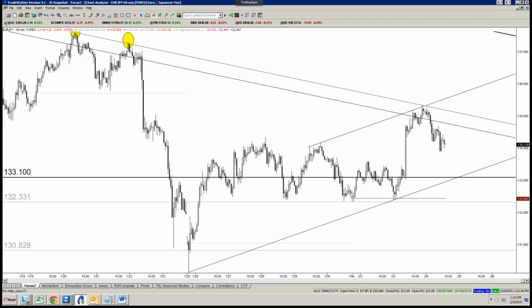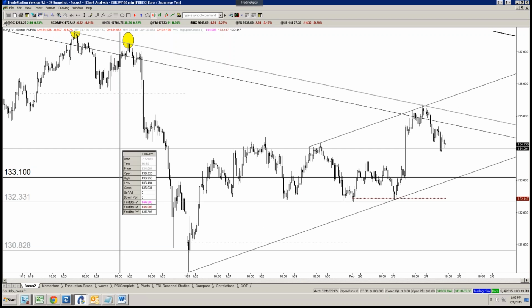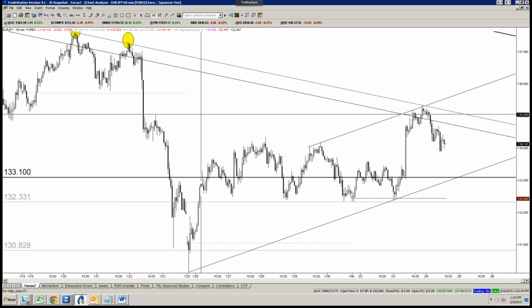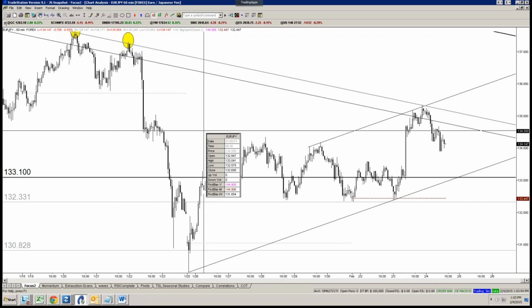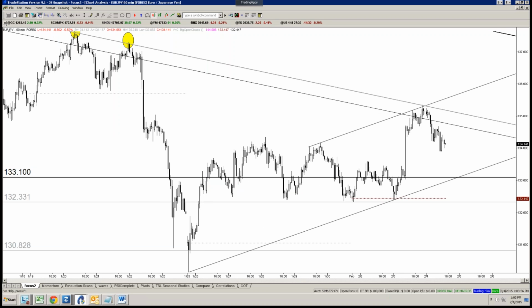Remember, the bold black line is daily reversal support. That means it's the close of the reversal bar. So if you look at a daily chart, the big key reversal bar that we had on, I guess it was January 26 or so, the close of that day is 133.10. It's actually 133.095.